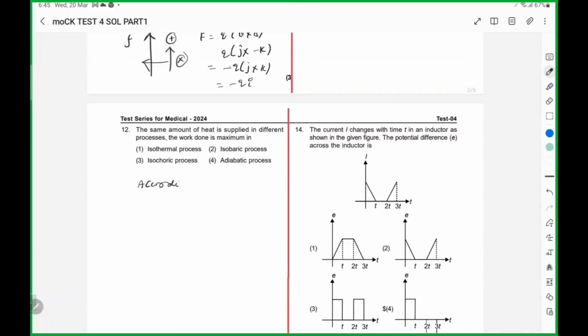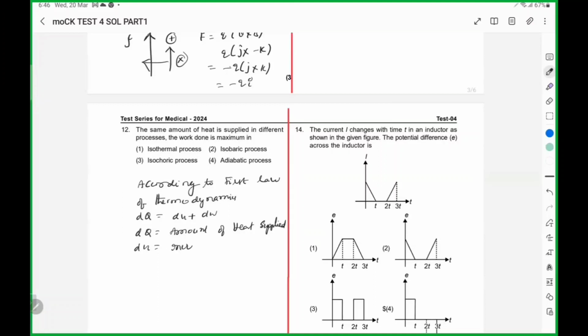According to first law of thermodynamics, dq is du plus dw. dq is amount of heat supplied. So du is increase in its internal energy. dw is work done.